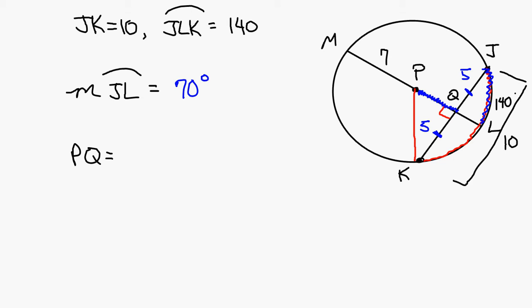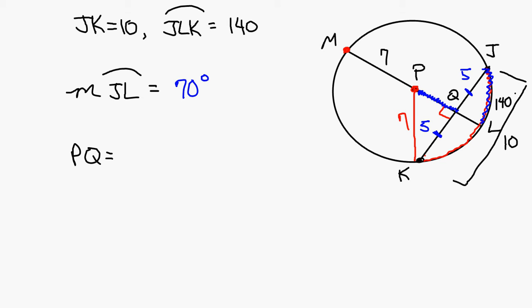Now, do you see the distance from M to P? From M to P is 7 units, isn't it? If it's 7 units from M to P, how far is it from K to P? Aren't those both radii? Those both represent the radius. So this is 7 as well. So now, you got this little triangle right over here.